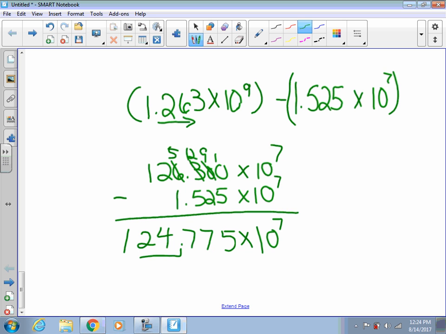So I'm going to move it this way, which is going to grow my power of 10 to 10 to the 9. Okay?